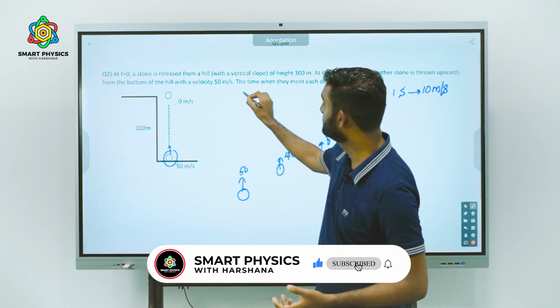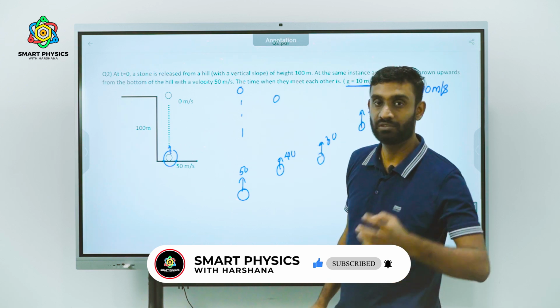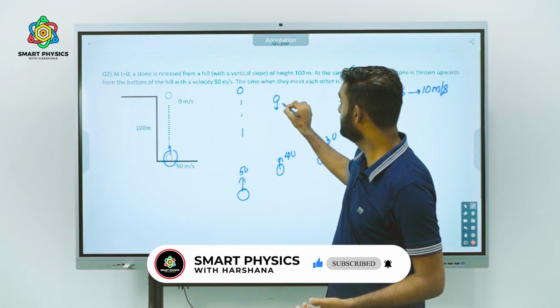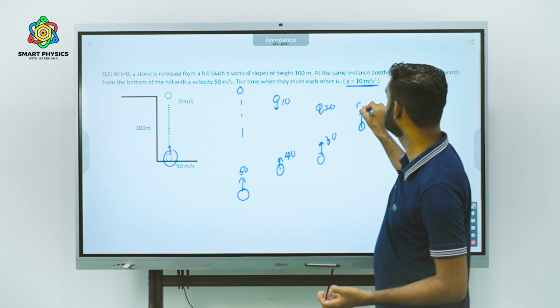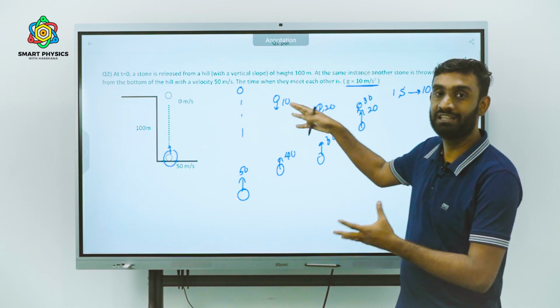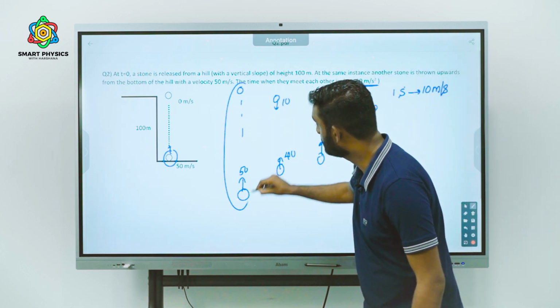Now this one starts with 0. Next second velocity is increased to 10. Next second 20. Next second 30. Like that, its velocity increases. Can you see here 0 and 50?